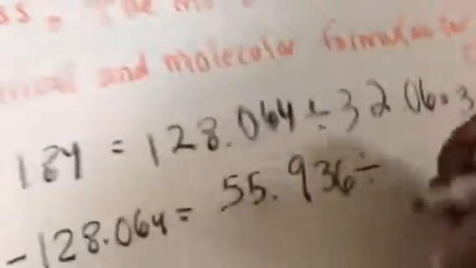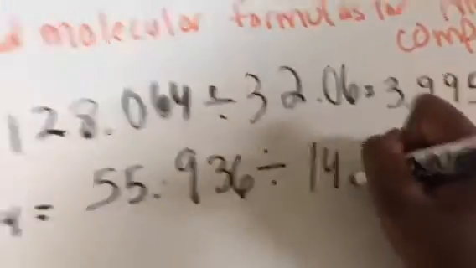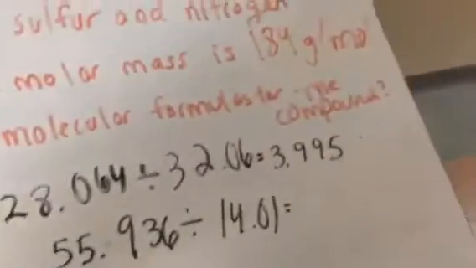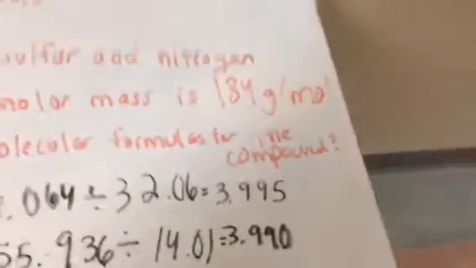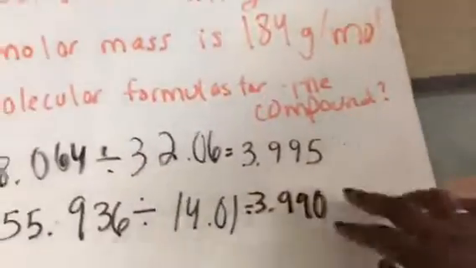And then we divide by the molar mass of nitrogen, which, as I circled again, is 14.01. And the answer we'll get is 3.990.